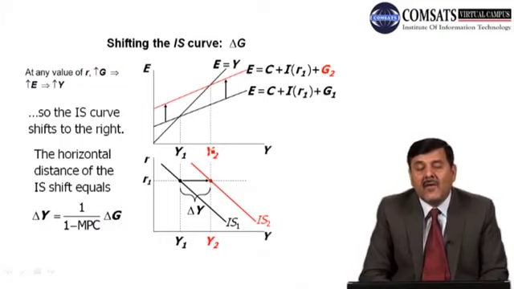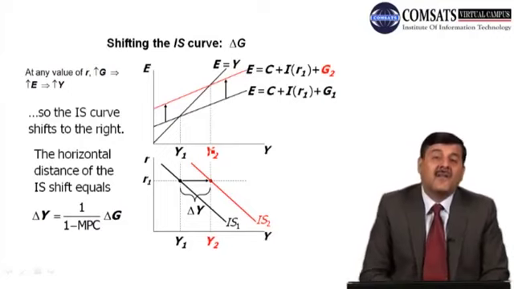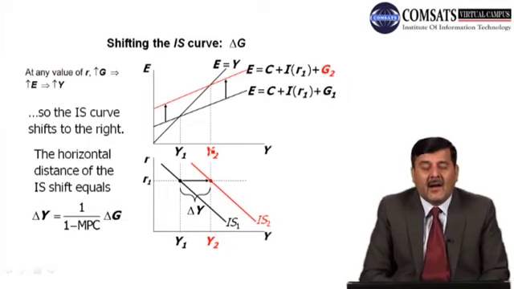So the IS curve will shift rightward from IS1 to IS2, corresponding to the new equilibrium level of income, which is Y2, right? So delta Y is equal to 1 over 1 minus MPC times delta G, which is the multiplier. Our income will change more than the change in government spending.